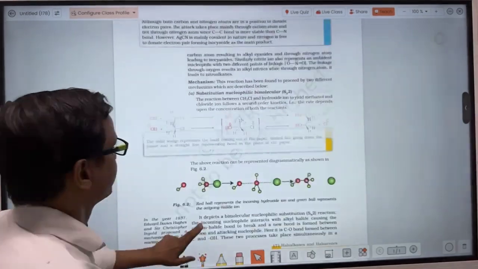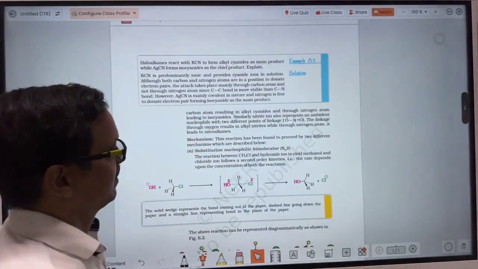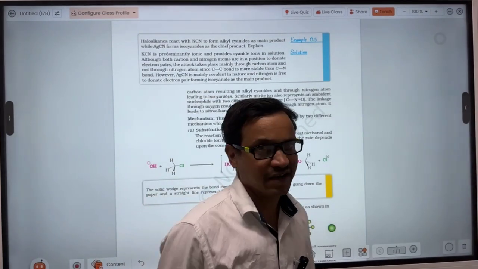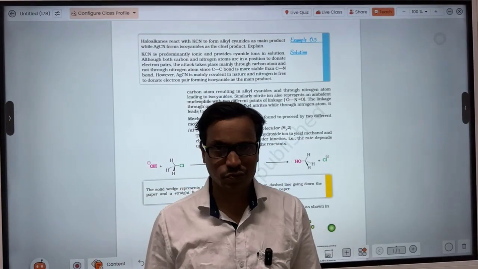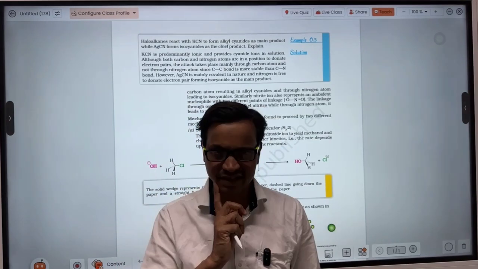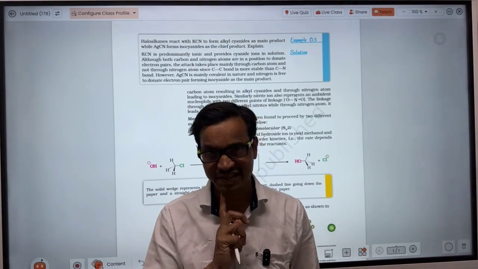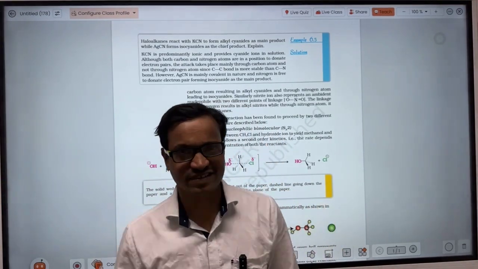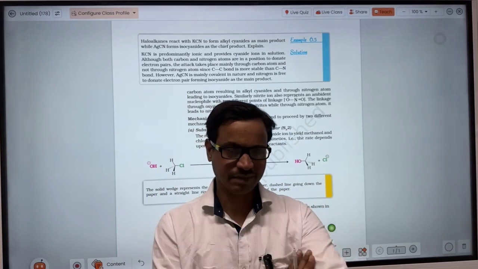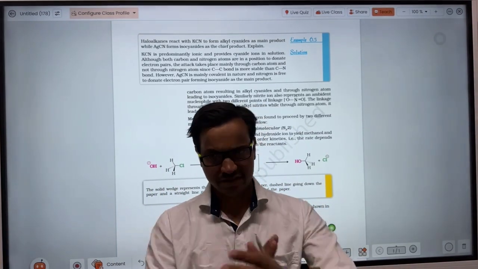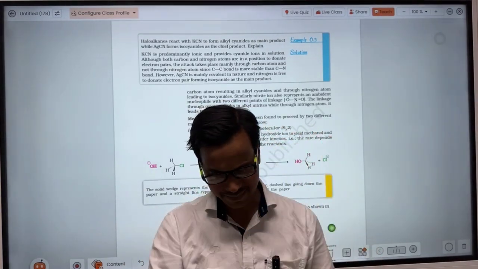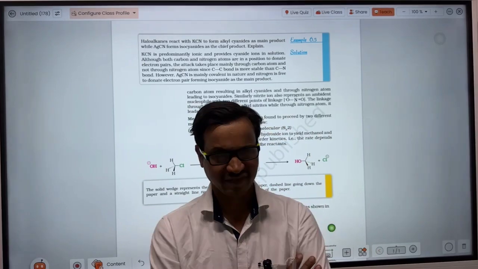Okay. Now let's see about the nucleophilic substitution reaction. It takes place through two mechanisms. Mechanism means in which manner the reaction is taking place, as in chemical kinetics, that is, in how many steps the reaction takes place.